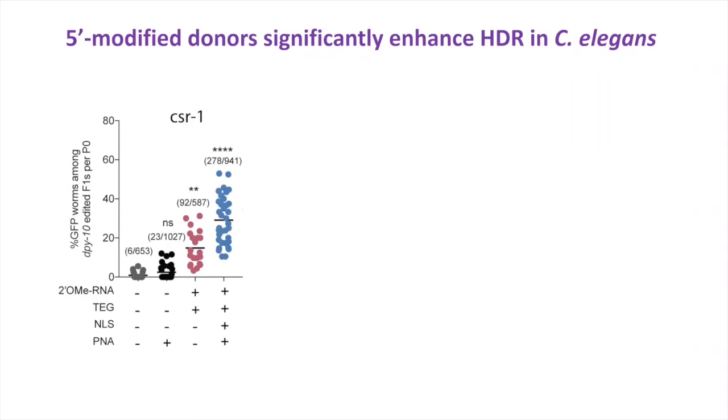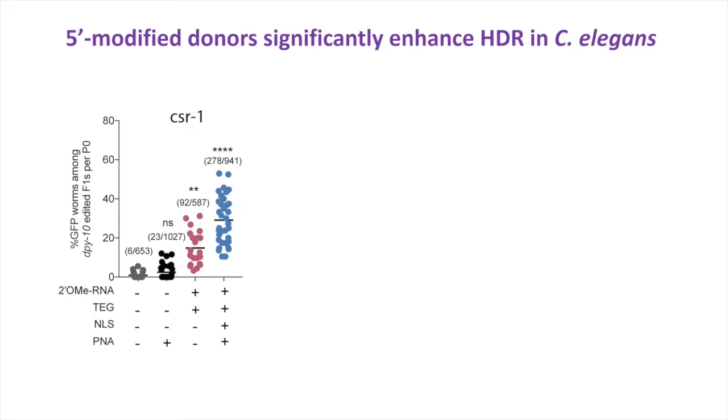And that meant a lot of sorting worms and a lot of microinjections to get the desired edit. But in the presence of this 2'-methyl RNA linked by a tag and then annealed with a PNA NLS, about 1/3 of the worms had the correct phenotype. So we thought, this is wonderful.